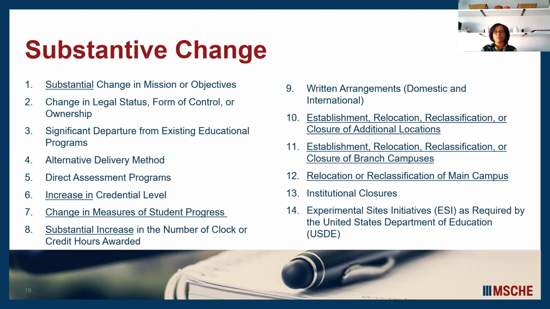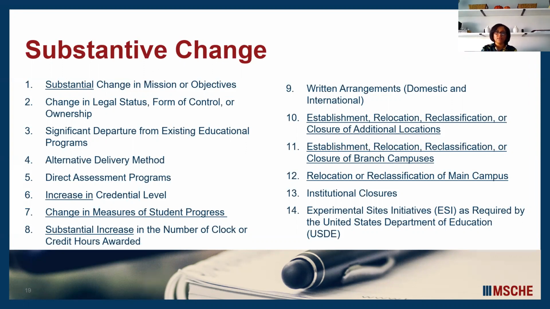Institutions must submit a substantive change request for the first two programs that are at a higher credential level than what is included within the scope of the institution's accreditation or a candidate status. And so I will talk a little bit more about lower credential level later, but for right now, if your institution wants to offer credentials at a higher level, that requires a substantive change for the first two programs.